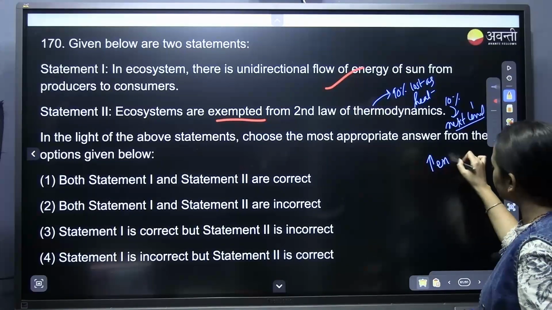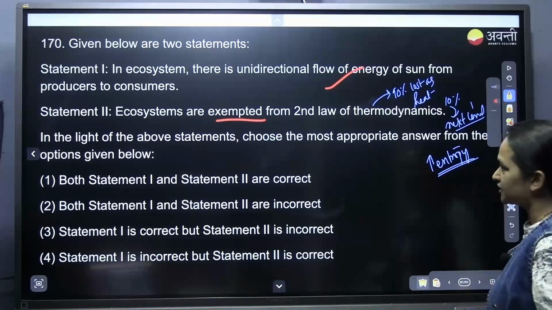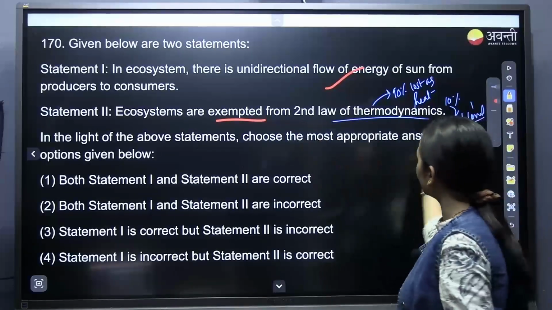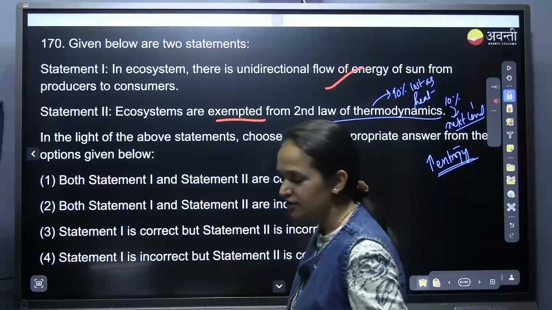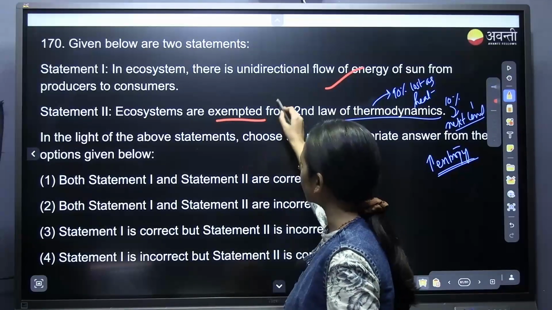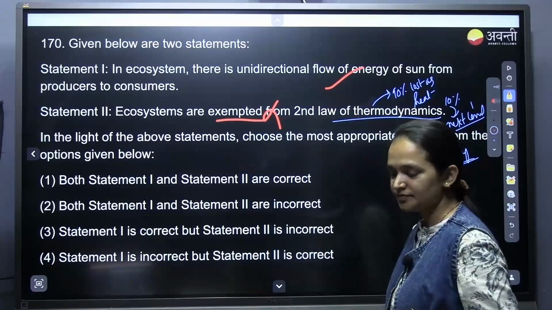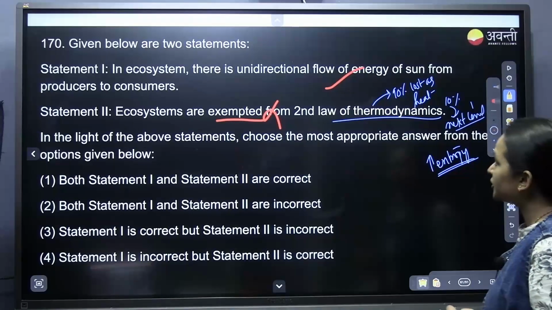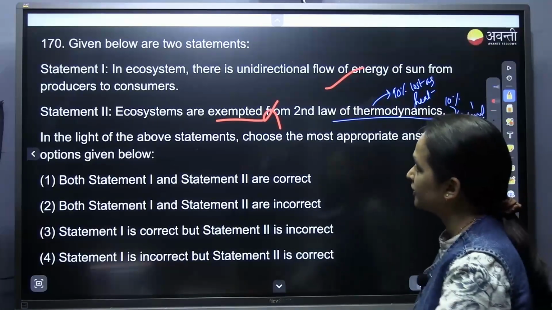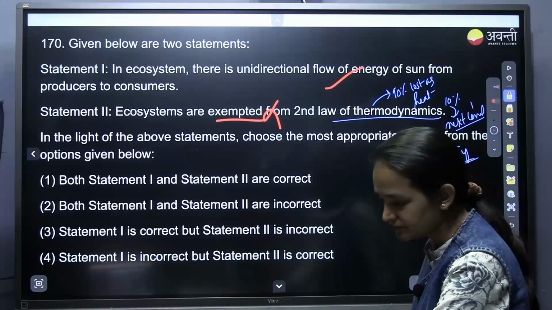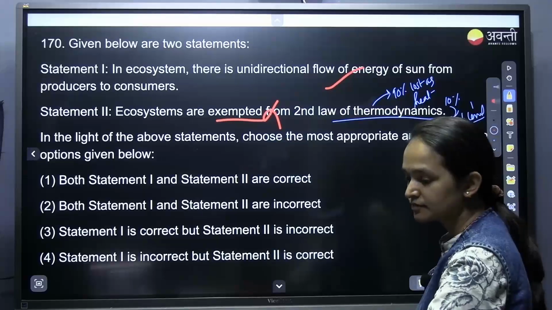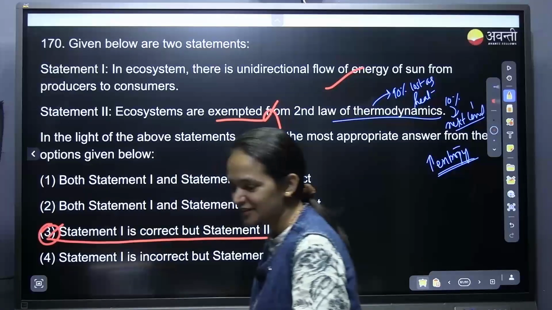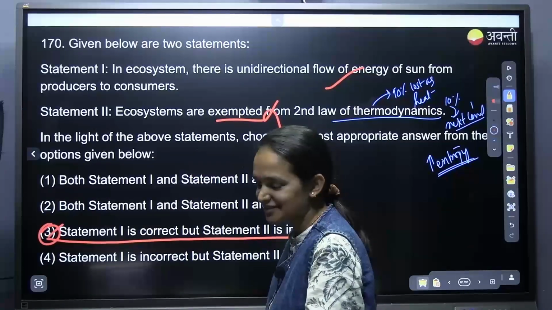It increases the entropy in the system, which means it is following the second law of thermodynamics. It is not exempted from it. So 1 is true, 2 is false. Understood, children? Prathamesh, understood? Yes, ma'am.